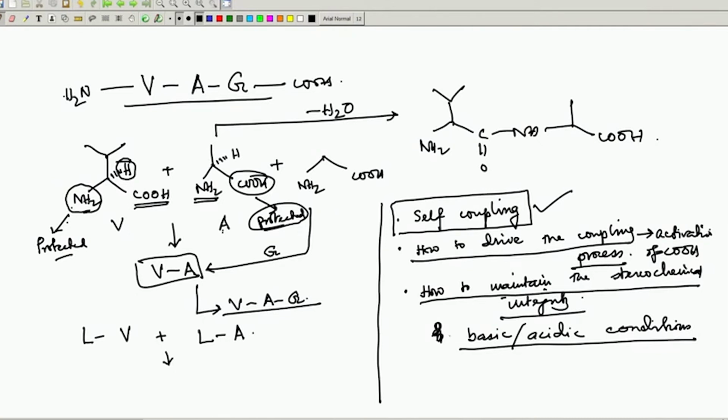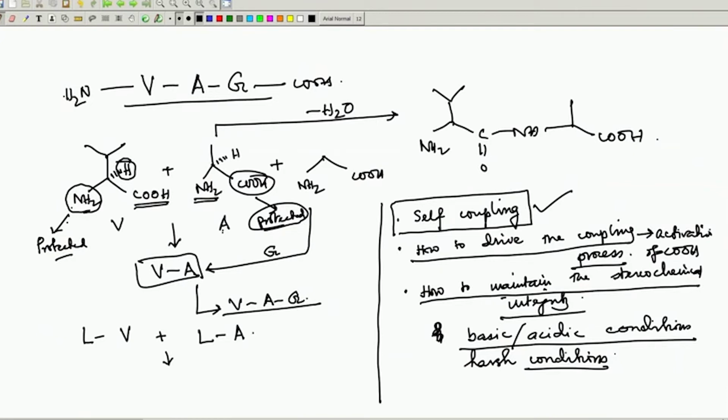That means one should avoid harsh conditions, because racemization can also take place even if the pH is almost neutral, if you heat it strongly during the coupling process or any of the chemistry that we are going to describe, then also there could be racemization.